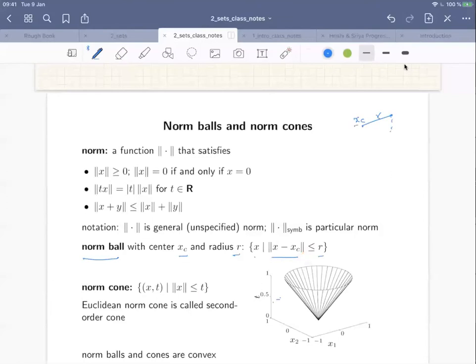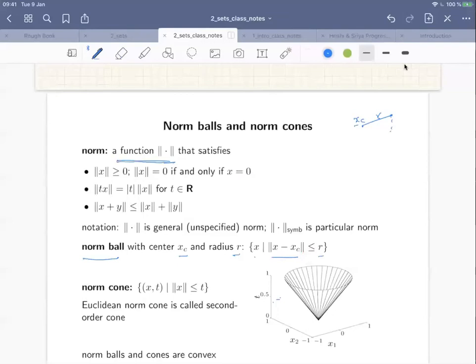But we can come up with different kinds of norm. A norm need not always be a distance. So we introduce a general function called norm. The Euclidean norm is a special case of this function, but the norm can be any norm.